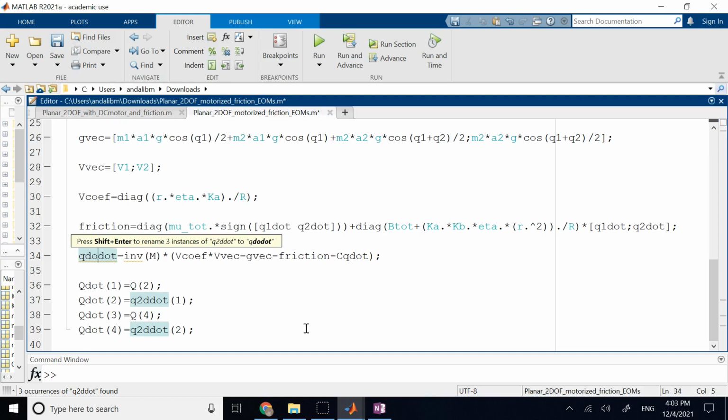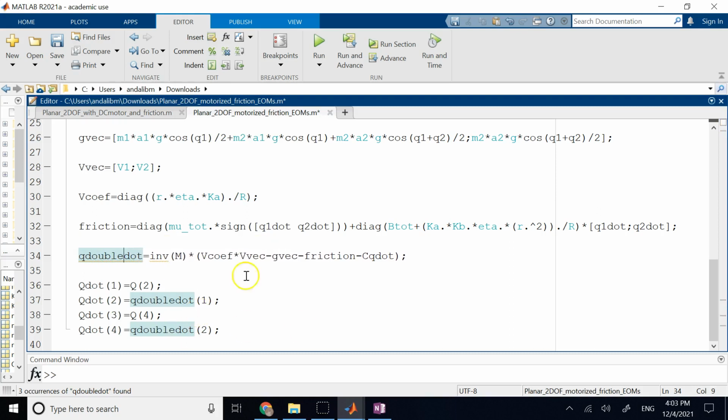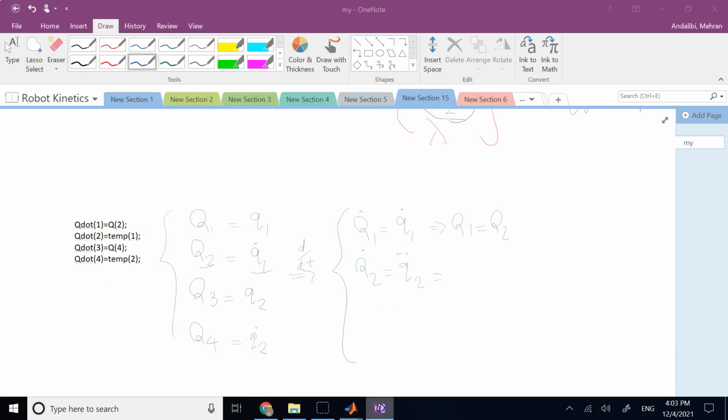Okay, so I call it Q double dot, and so that's exactly what I have, right? This is going to be that Q double dot element number 1.